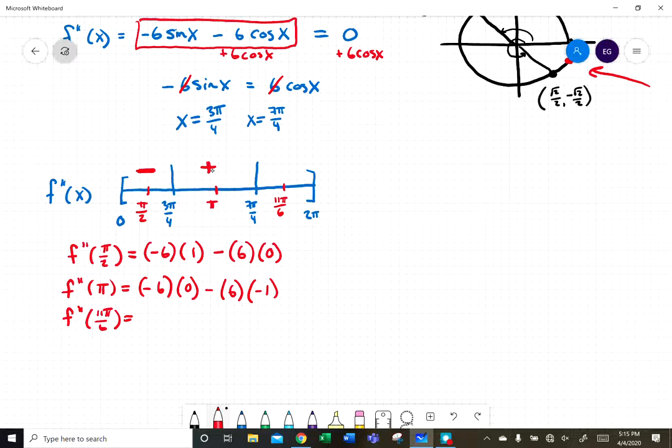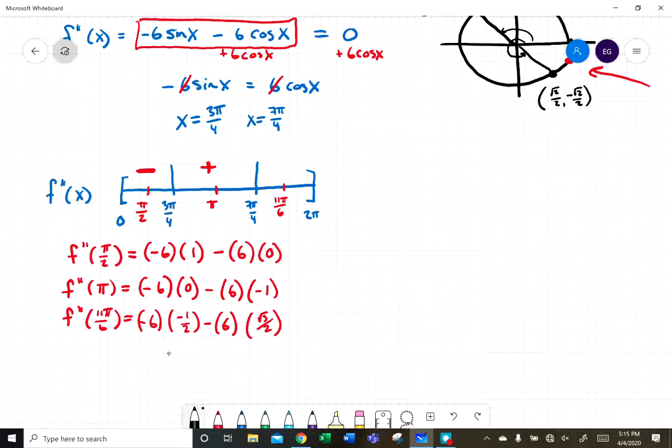And finally, 11 pi over 6. So negative 6 times the sine of 11 pi over 6. And the sine of 11 pi over 6 is negative half. Minus 6 times the cosine of 11 pi over 6, which is positive root 3 over 2.